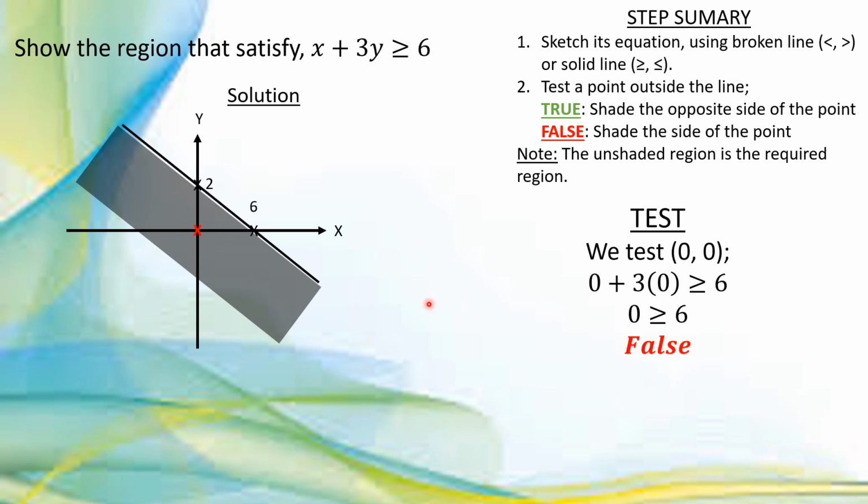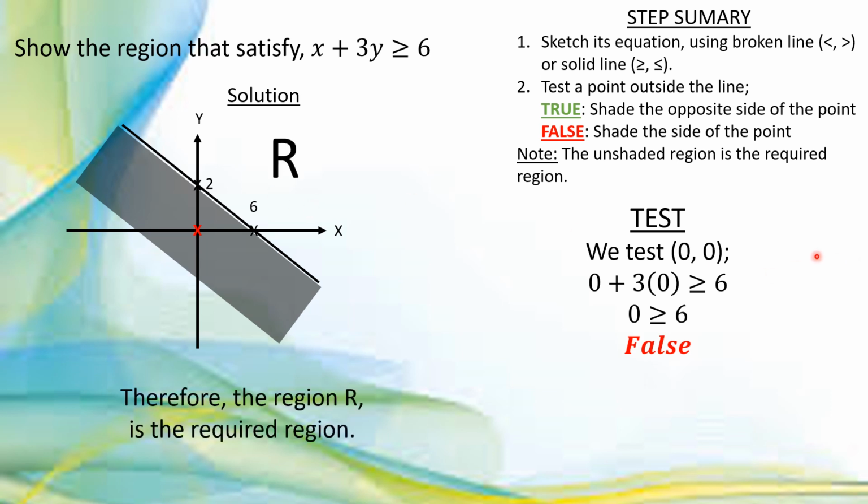Now, this shading shows that the other blank, unshaded part will be our required region. So we give that a letter. Then we write a conclusion that therefore the region R is our required region.